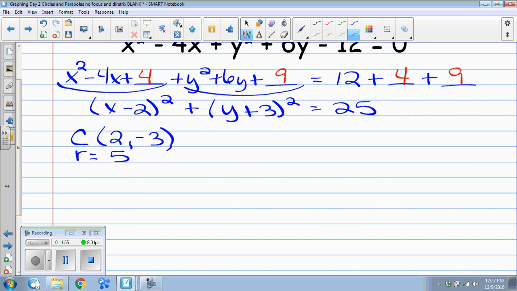Take your y value, add and subtract your radius. That gives you the range. So my domain is 2 plus or minus 5. So that's 7 and negative 3. So I'll say x is between negative 3 and 7.